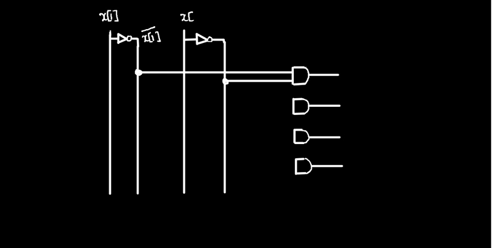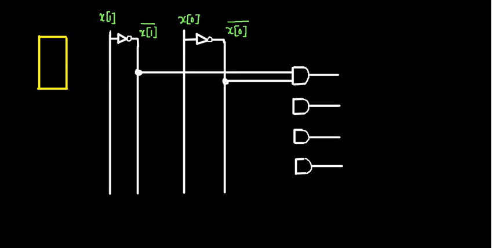This is x of 1 bar, and this is x of 0, x of 0 bar. That means we are drawing the circuit like this.